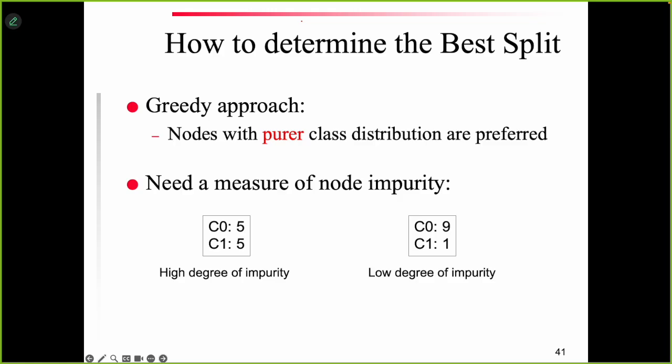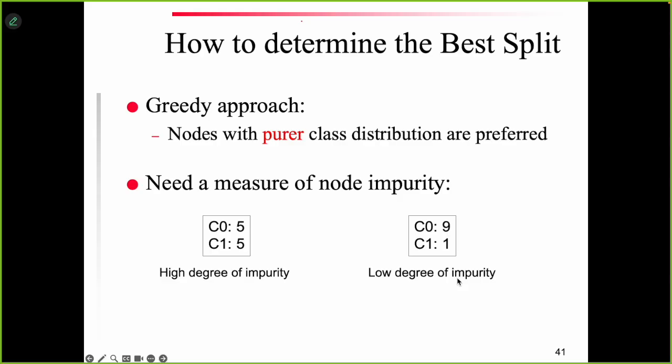In the first node, we have 5 examples of each class, which means highly impure. In the second node, we have 9 from, for example, class 0 and 1 from class 1, which means it's much purer, a low degree of impurity.